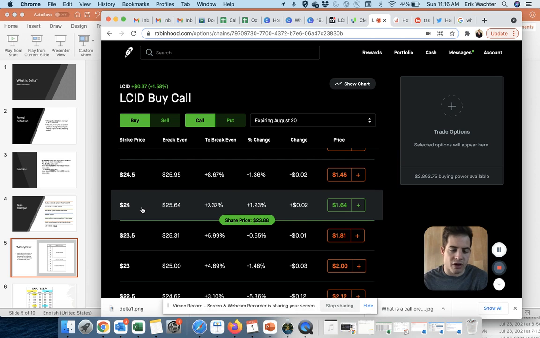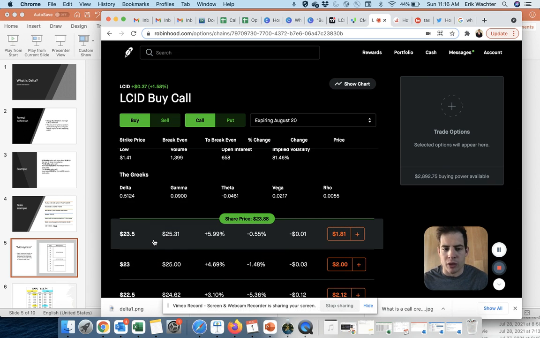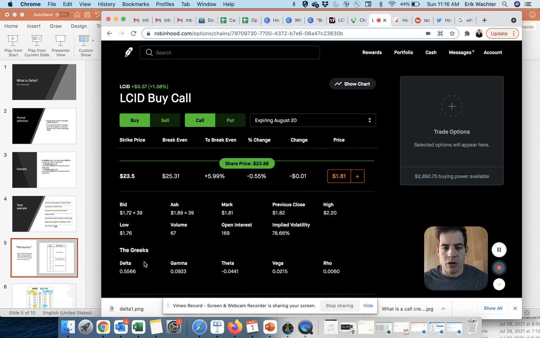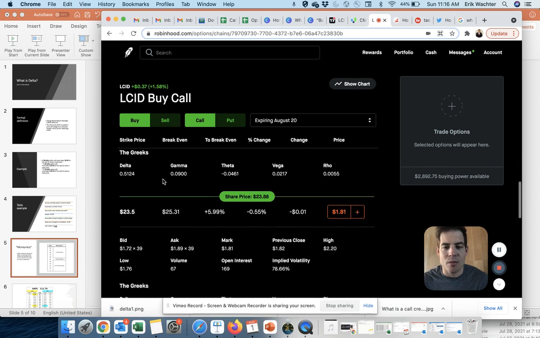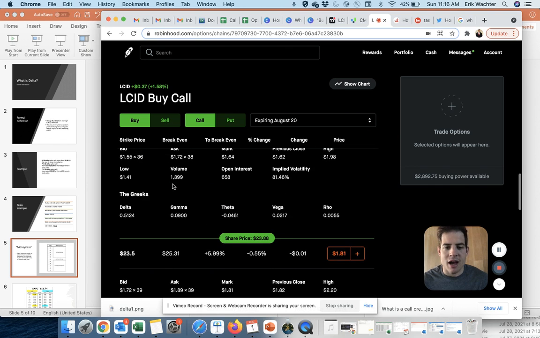So the 24 strike should be very close to 50 delta. Let's open that up and see what the delta is. It's a 51 delta, and that makes sense. If we open up the 23.5, it's going to be slightly more delta. That's 55.